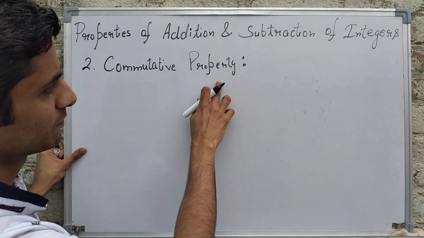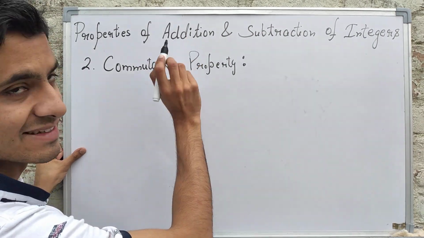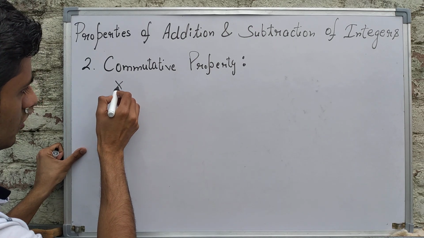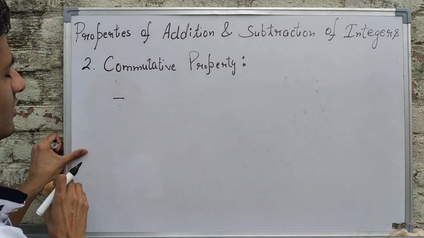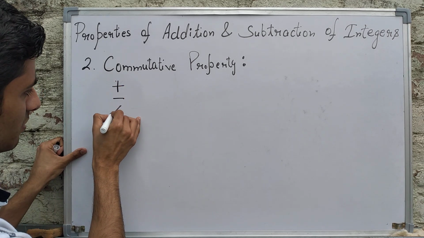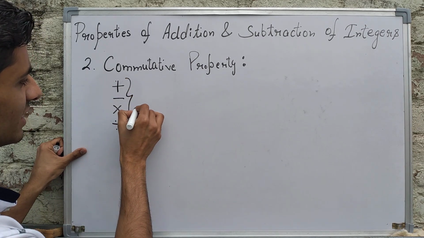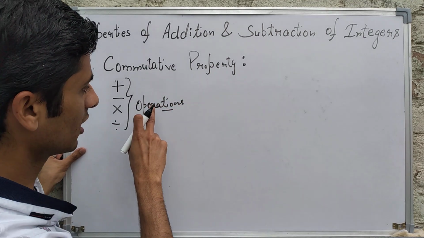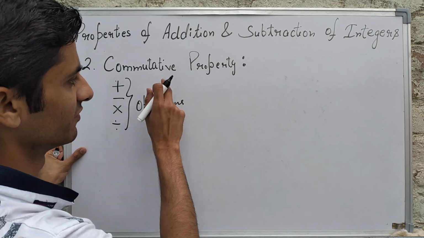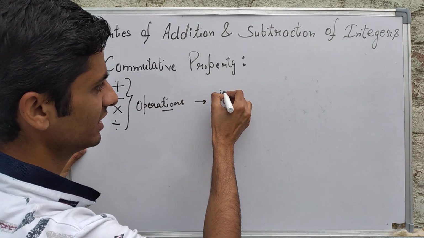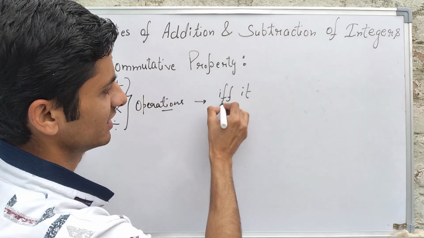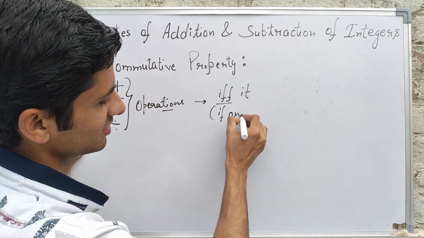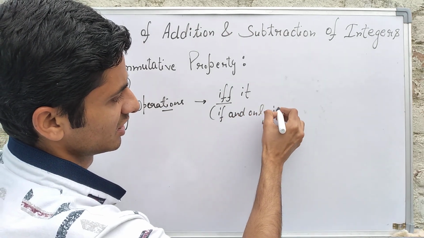So what is the commutative property? Any operation, as I told you earlier, addition, subtraction, multiplication, division, all are mathematical operations. A mathematical operation is said to be commutative if it can be applied... IFF stands for if and only if, which means the condition is very strict.